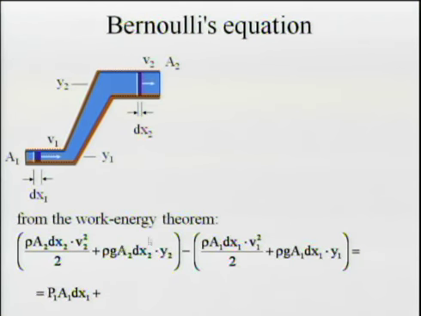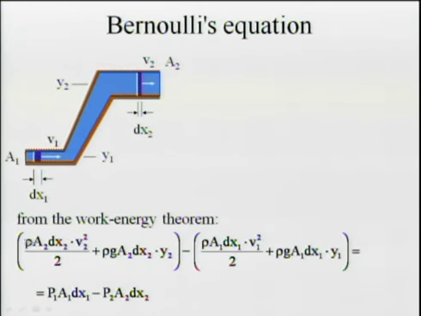And I can find out that work. Pressure times area gives me the force exerted on the system, times displacement. So this is work performed at this surface. Now this is work performed on the other side. And now I can recognize that this volume is equal to this volume, which means that A2 times dx2 is equal to A1 times dx1.